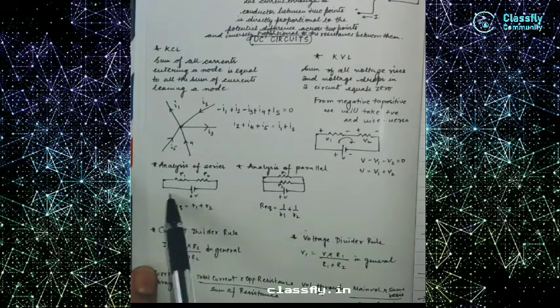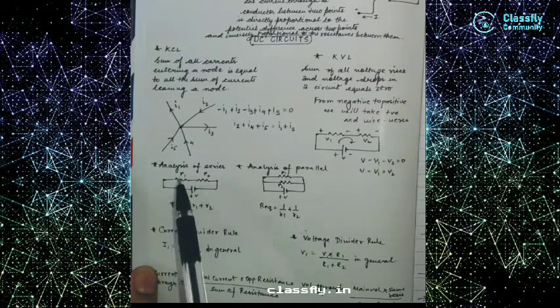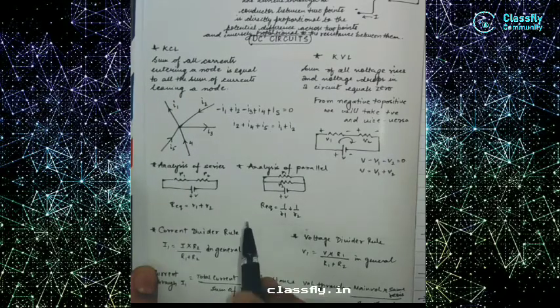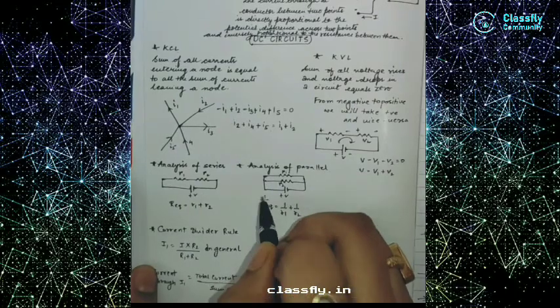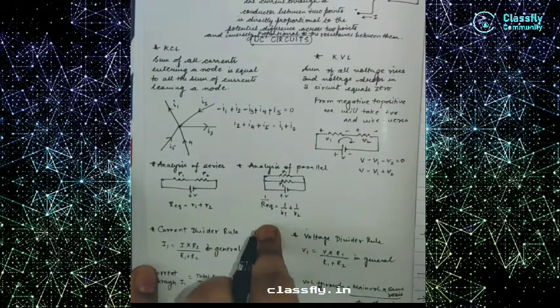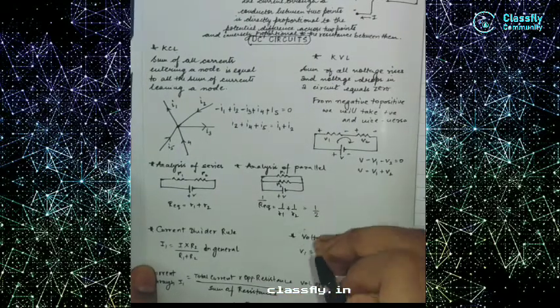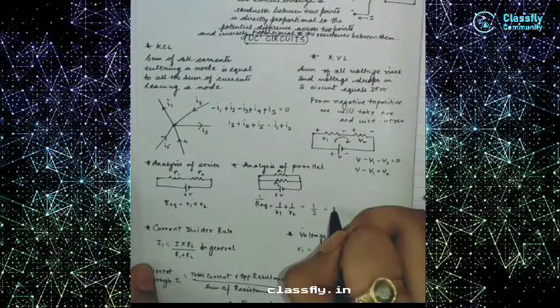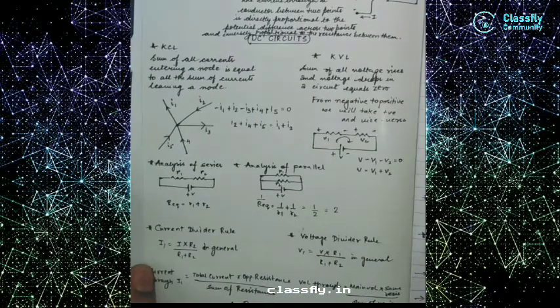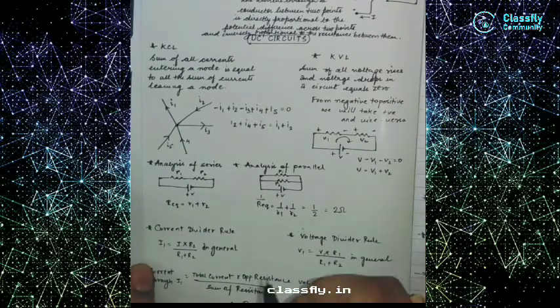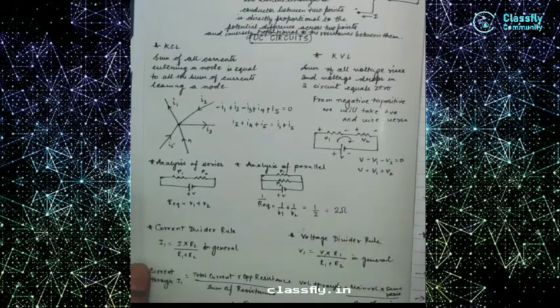To get our equivalent resistance in series, we do the summation R1 plus R2, but for the parallel circuit, it will be 1 by R equivalent. So whenever you get a result like 1 by 2, you have to invert it to 2 to get your R equivalent. So it will be 2 ohm. Your SI unit is ohm.